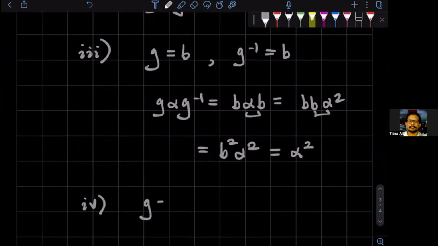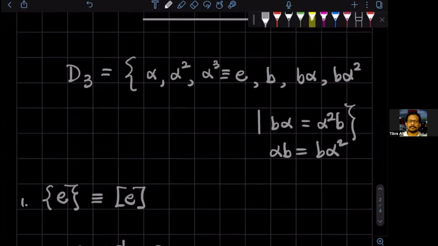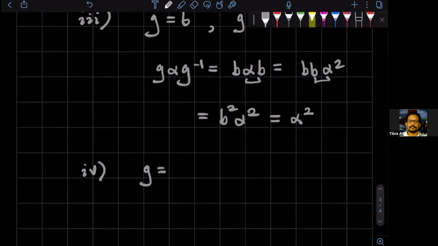Then G is going to be, say, after this, B alpha, right? So G is going to be B alpha. Then what is G inverse? B alpha squared? B alpha squared. Yes.